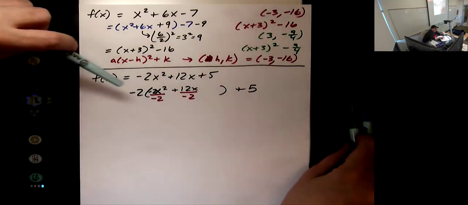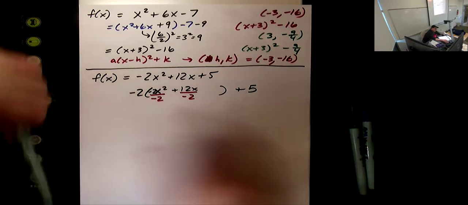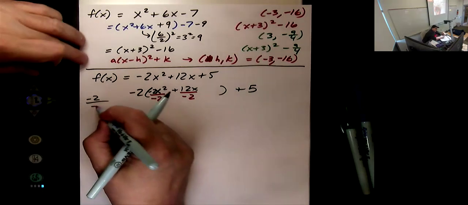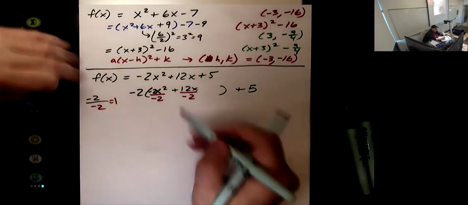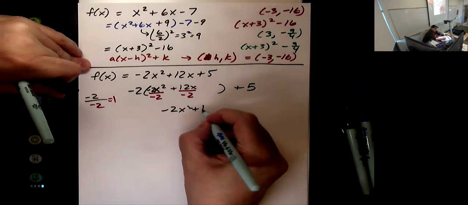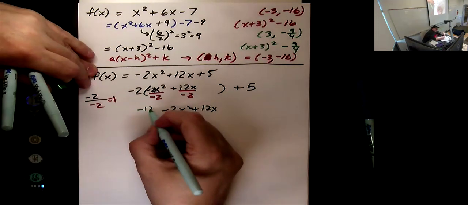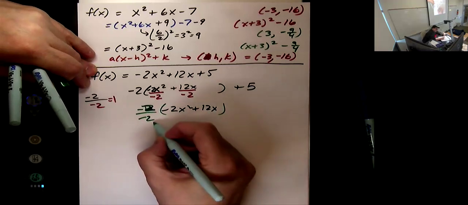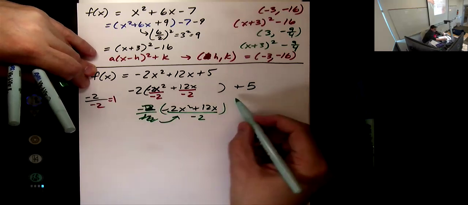If I pull the -2 on the bottom out, this looks like -2 over -2, which is just 1, so I'm really just multiplying by 1, like I started with. -2x squared plus 12x, and I'm gonna multiply it by -2 over -2. But then I'm gonna move the -2 on the bottom in, for the whole thing. And that's how I get that.